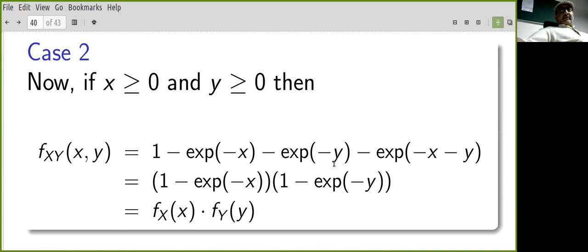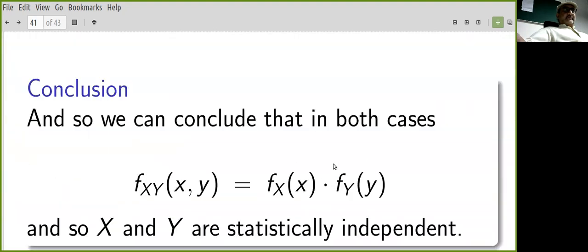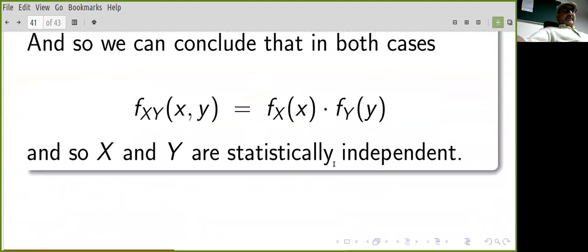So in all of the cases, and for statistical independence you need all of the cases, the joint PDF is the product of the individual PDFs. And so the two random variables are statistically independent.